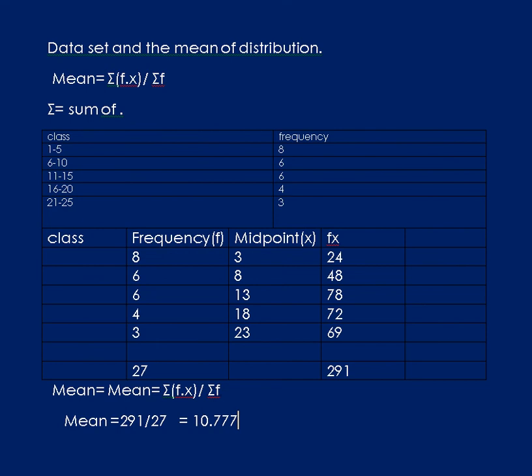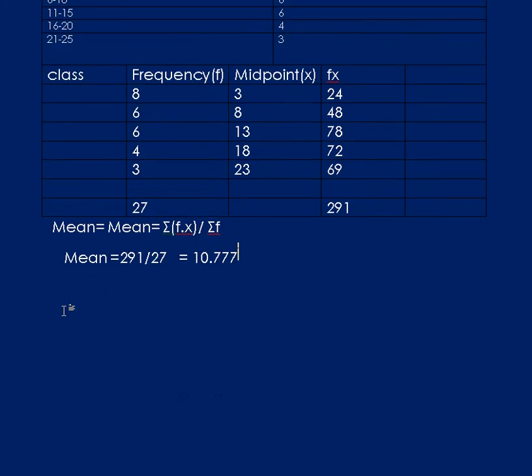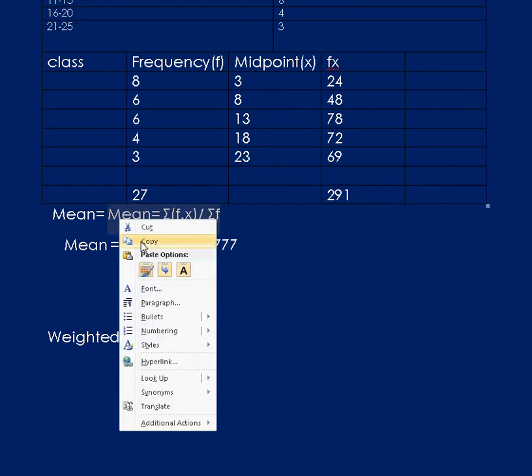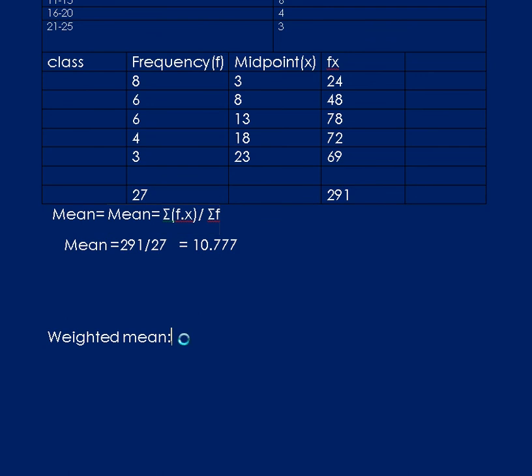There's another mean I want us to discuss before we end this chapter, called the weighted mean. It is similar to the same mean, except that it deals with weights. So let's take this mean formula and put it here.